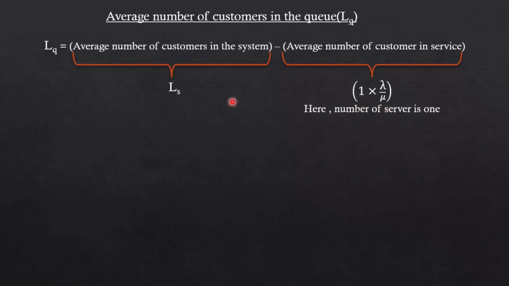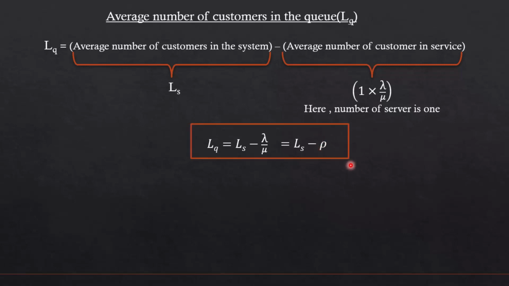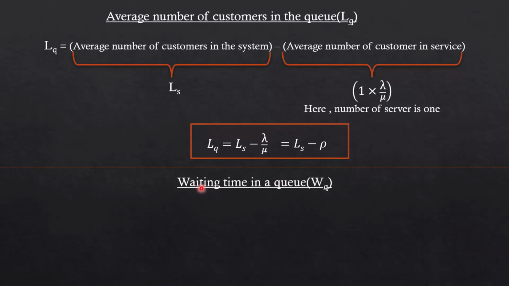Now let us see how our equation shapes up. LQ is equal to Ls, which is length of system, minus lambda by mu, or we can write it as Ls minus rho. And this is another very important formula we need to remember to solve model 1 problems. Let us move on to the next parameter, which is the waiting time in the queue.